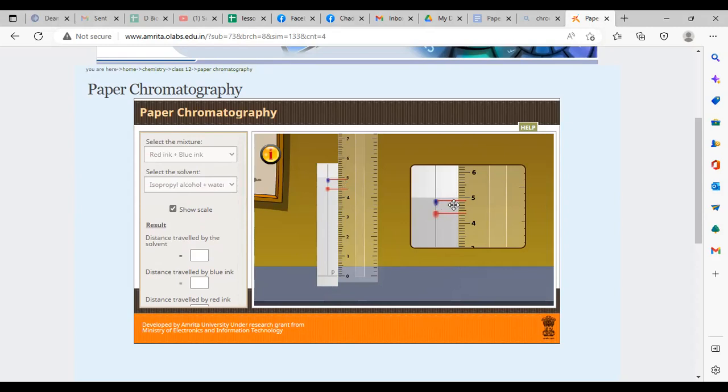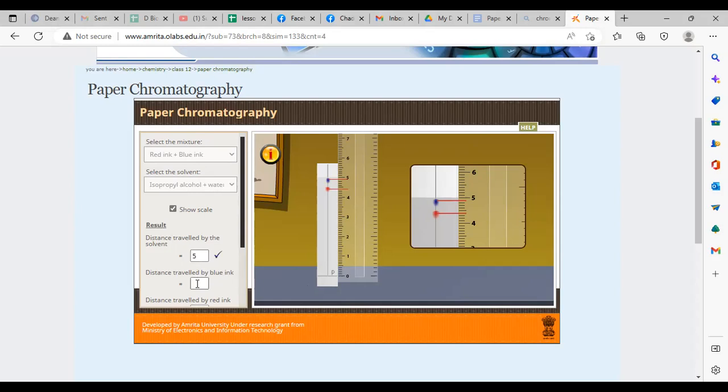Tapos yung blue ink, 4.9. Okay? Teka lang, calculate natin, ha? Bali ang distance traveled by the solvent is 5 centimeters.